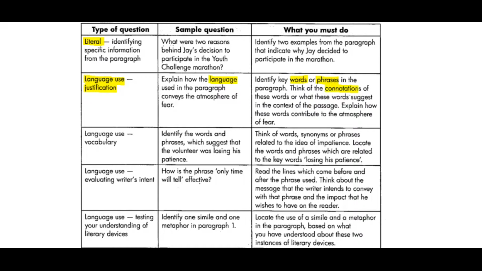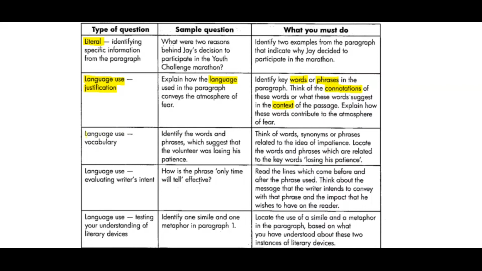You not just need to look at the direct meaning, but also at the connotation of these words, taking into account the context of the passage, and how they are very effective in conveying fear. This is justification, because you are trying to say that this sort of language is conveying fear, and you have to explain how it actually does that.